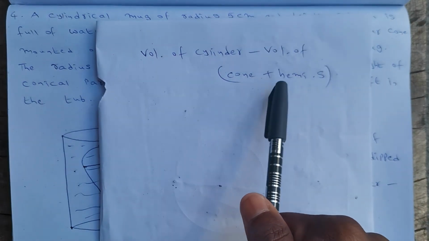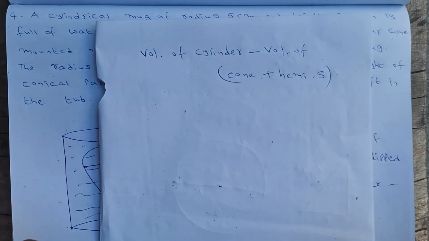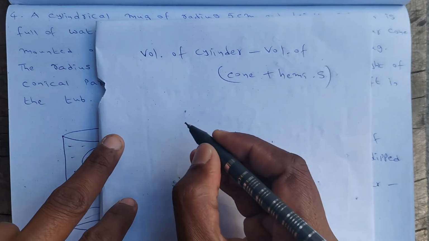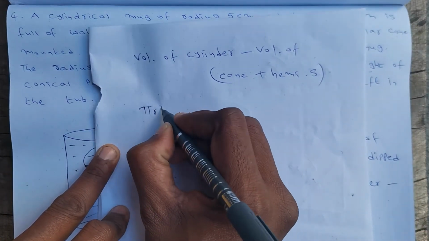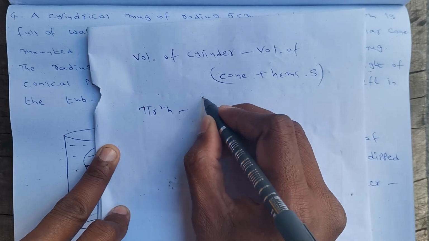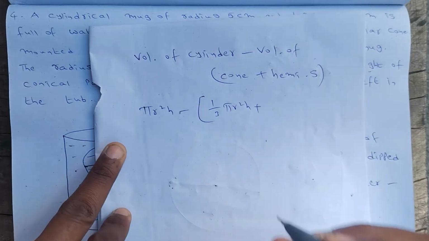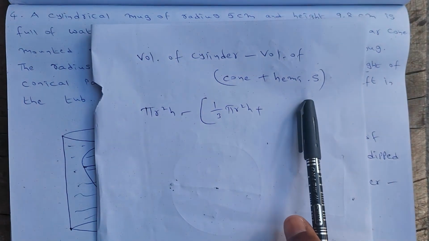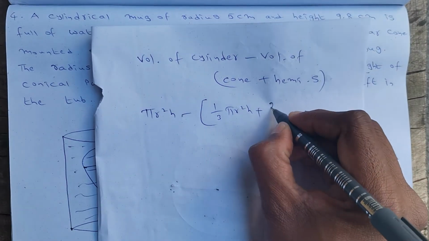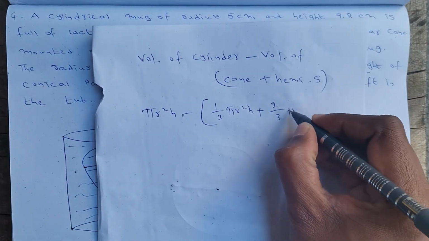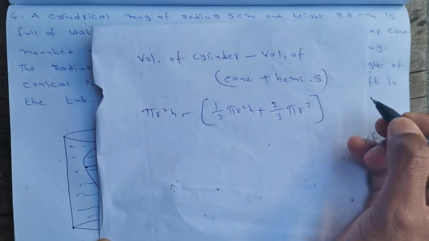the dipped object. So the cylinder volume we know is pi r square h, minus the volume of cone, 1 by 3 pi r square h, plus the volume of hemisphere, 2 by 3 pi r cube.